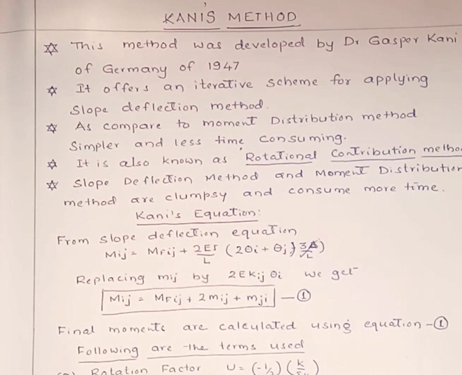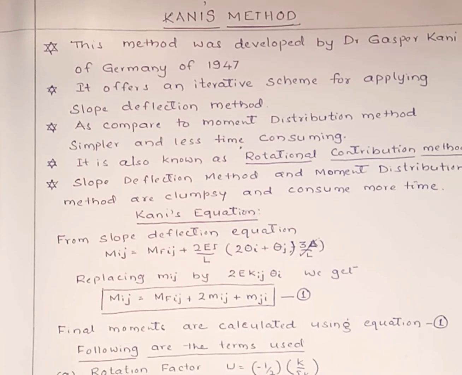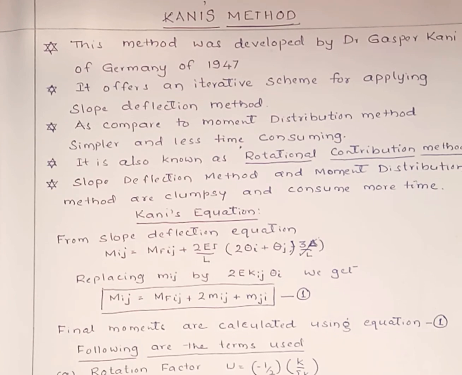From the slope deflection equation, Mij, where M is the moment, ij is the span, equals MFij, the fixed end moment due to the load in span ij, plus 2EI by L inside the bracket, 2 theta i plus theta j, where EI is the flexural rigidity, L is the length of the span ij, theta i is the slope of the near end i, plus theta j the slope of the far end j.